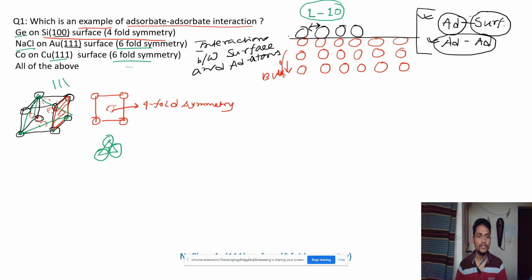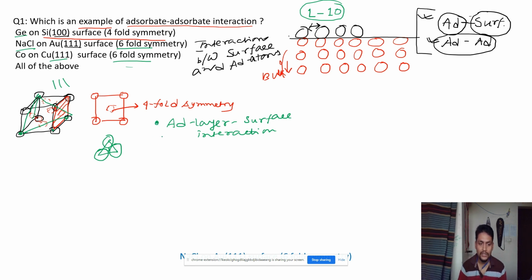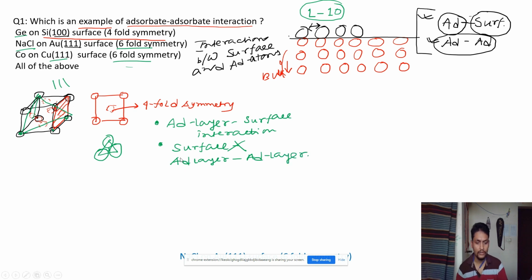If it is guided by the surface, then obviously the surface is playing a role, meaning the ad layer is governed by the ad layer and surface interaction. If it is not, then we can say the surface is not playing any role, and the main role is ad layer and ad layer interaction. Right? So let me check.